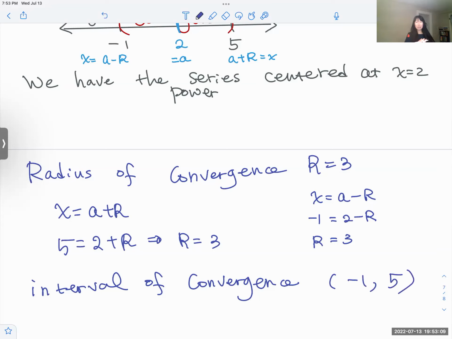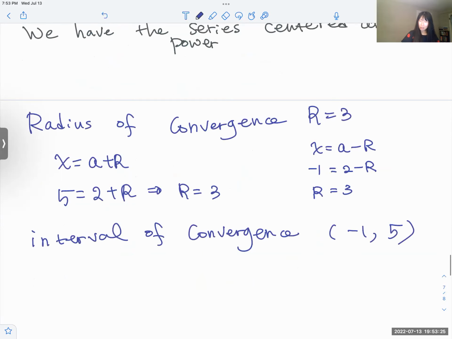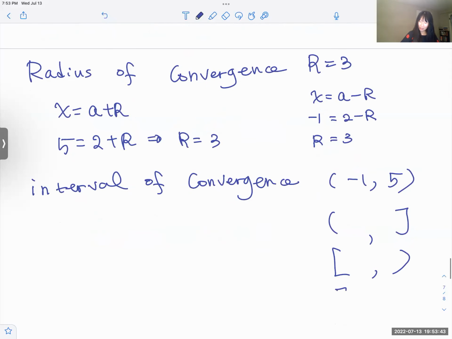Okay, we're not done yet. So far, we have the radius of convergence and the interval of convergence, right? Now, about interval notation from the previous course: since we have two parentheses, we have it like this, and like that, and like this, right? This is interval notation.